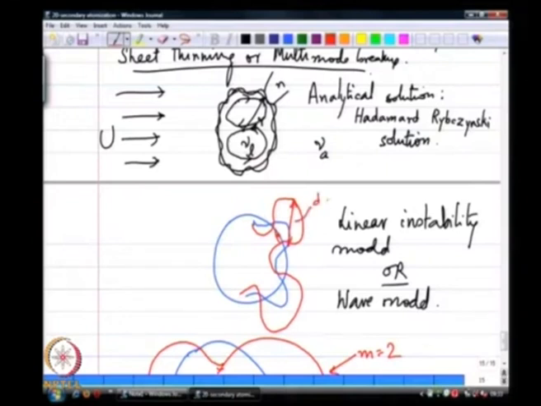This d is proportional to 1 over m or n, whichever is the, we will use n I think there.